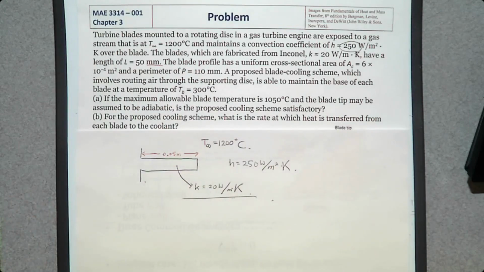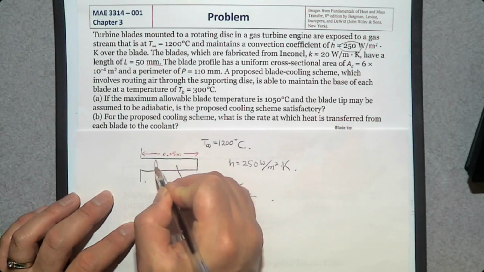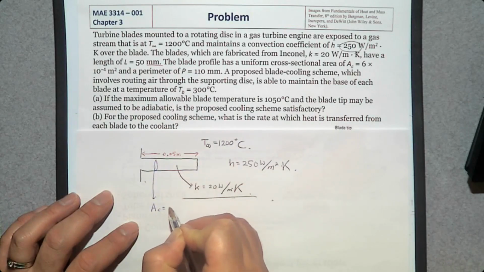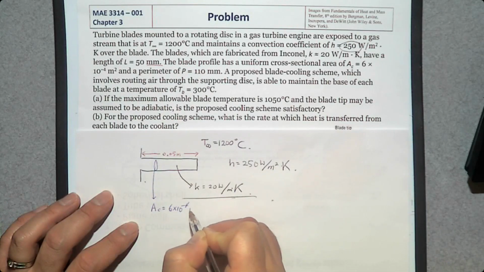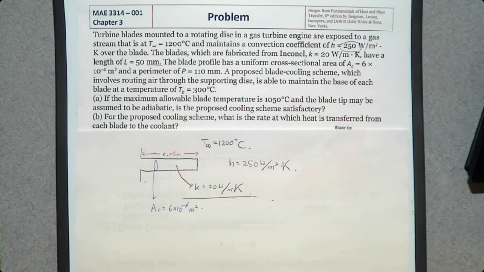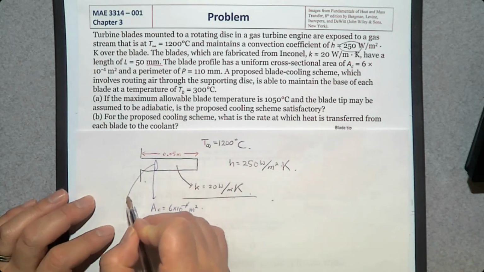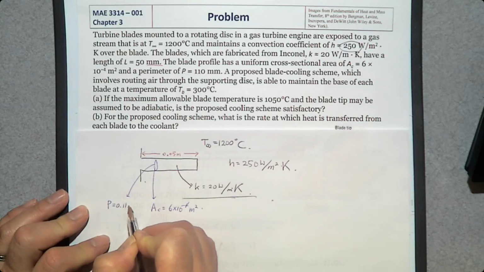The cross-sectional area, A_c, is going to be 6 times 10 to the minus 4 square meter. And the perimeter is going to be 110 millimeters. So P is going to be 0.11 meter.